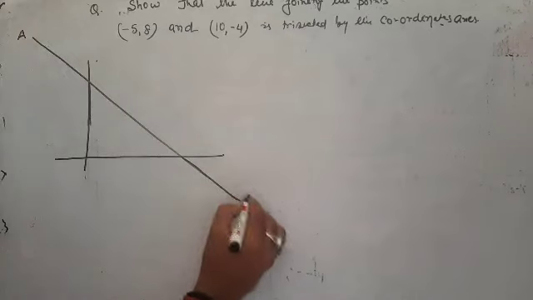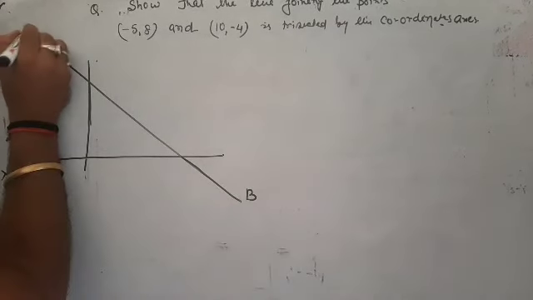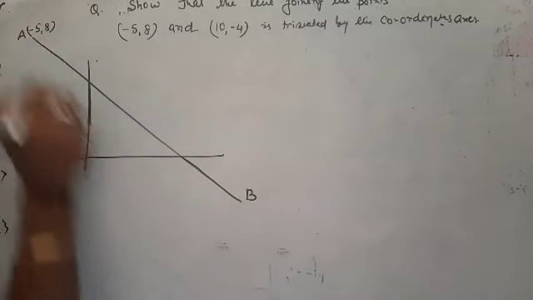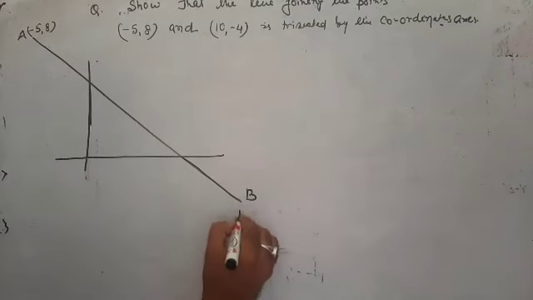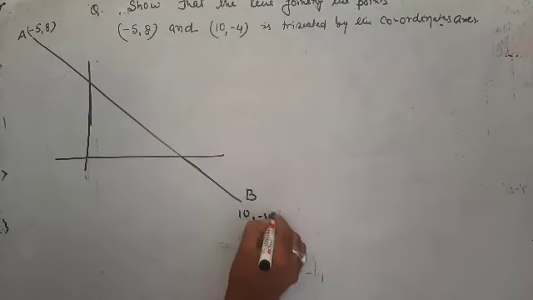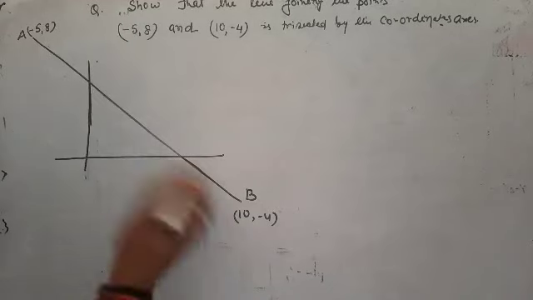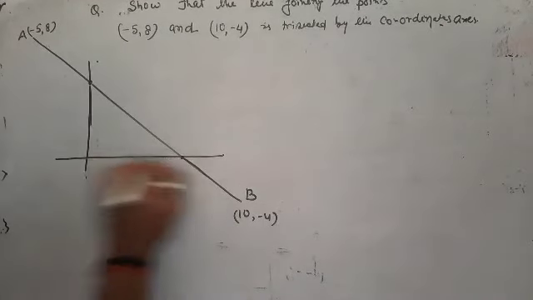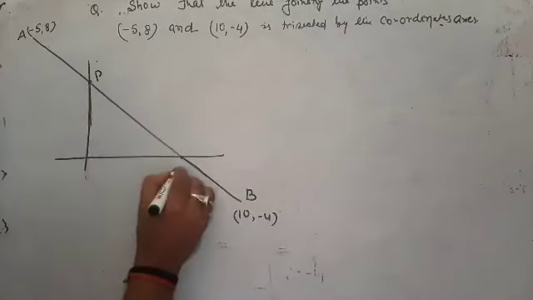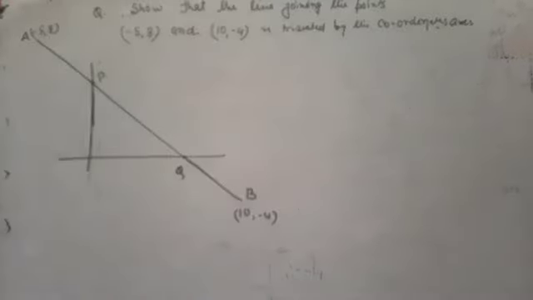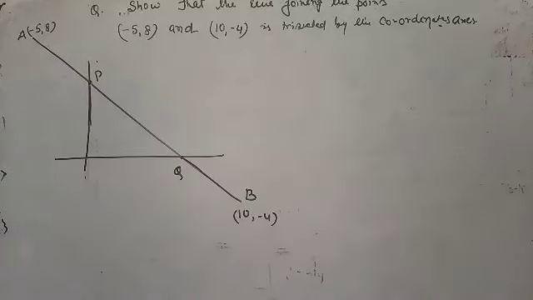This is your A and B, minus 5 comma 8, and this one 10 comma minus 4, and the question is about this P and Q. Now the coordinate axes, this is the y axis, this is the x axis.